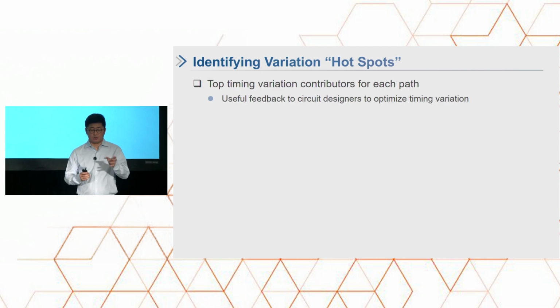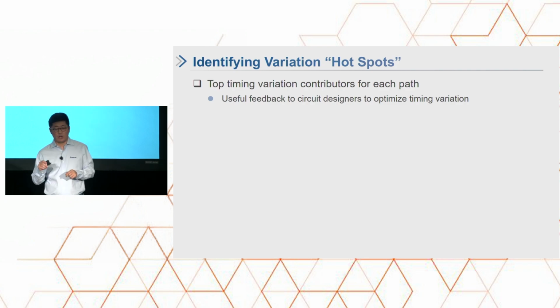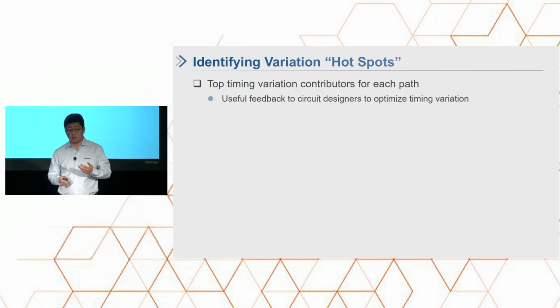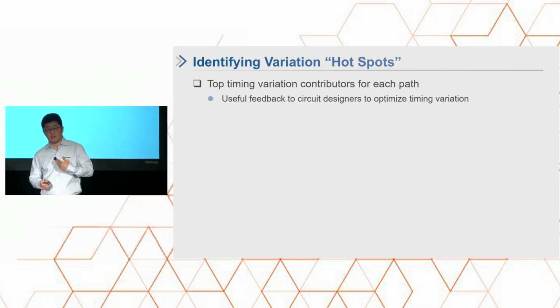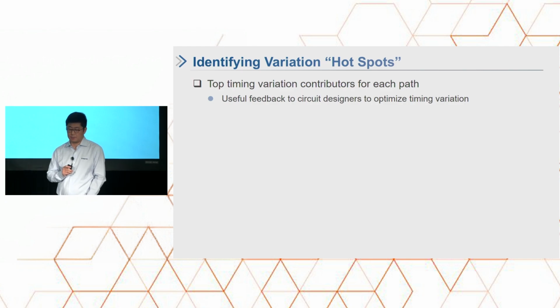Because we have all the data stage by stage, we can analyze each stage and see, for this timing path or this timing arc, what is the biggest contributor for variation effect. And if the designer wants to reduce the variation effect, then they can modify the design and fix that point. We can pinpoint to which transistor, which parameter.